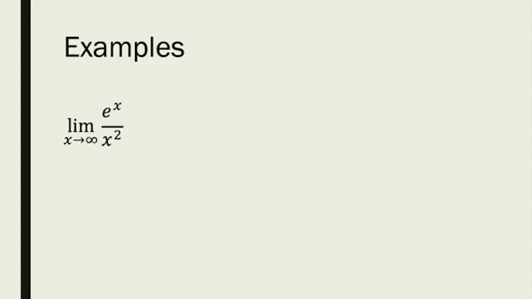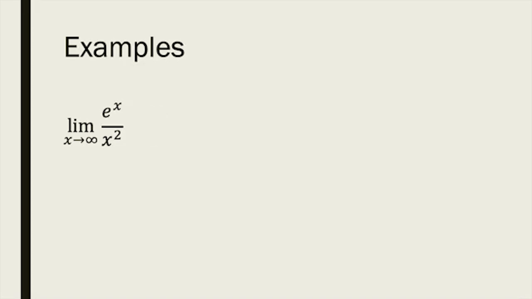And then, if we look at this example, again, if we plug in infinity, e to the infinity is kind of a weird one, but we're going to end up with infinity as that limit. And then x squared, when we plug in infinity, that's also going to be infinity. So this is the other type of indeterminate form that we can evaluate just as is. So we'll end up with infinity over infinity, which means we want to apply L'Hopital's rule.